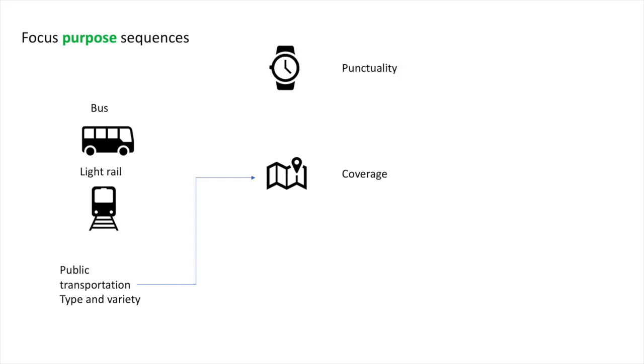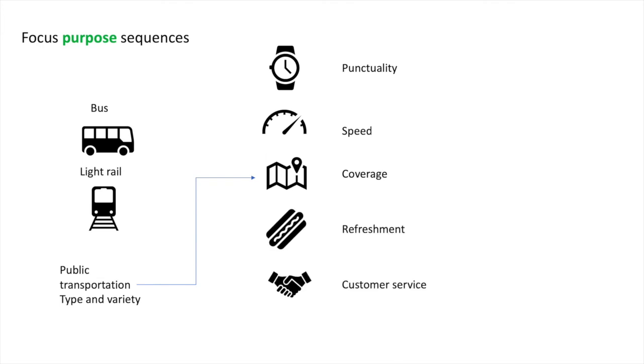We could also talk about the punctuality of these buses or the speed limits allowed for the light rail, or about the refreshments available, or about the customer service. Eventually, we could also talk about the satisfaction rate. So we have to decide where we want to position the attention of our creative process.